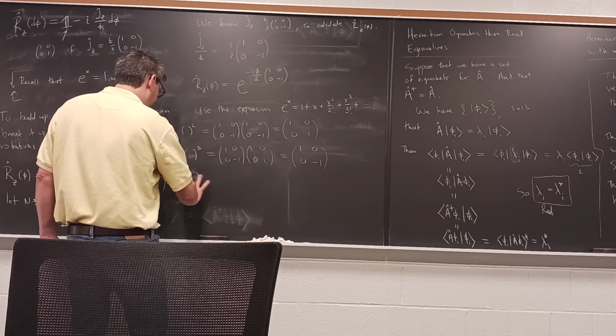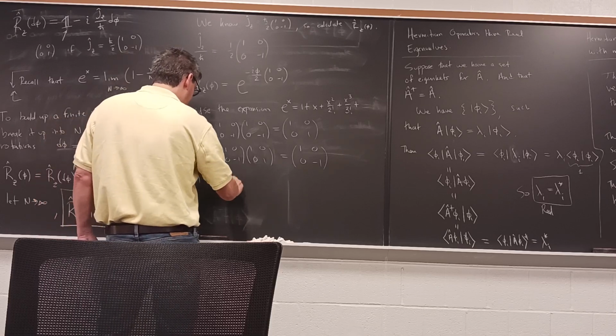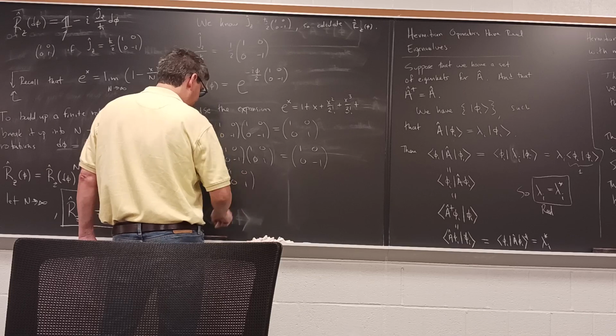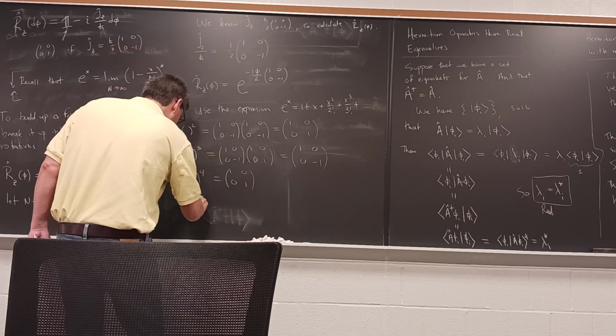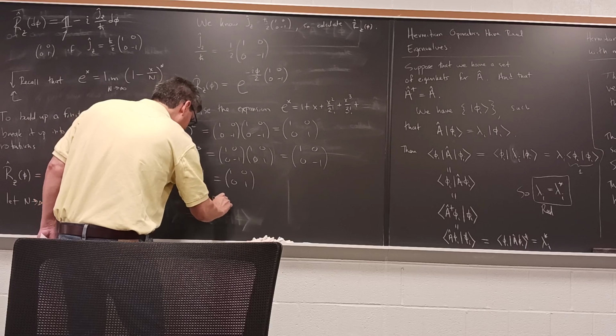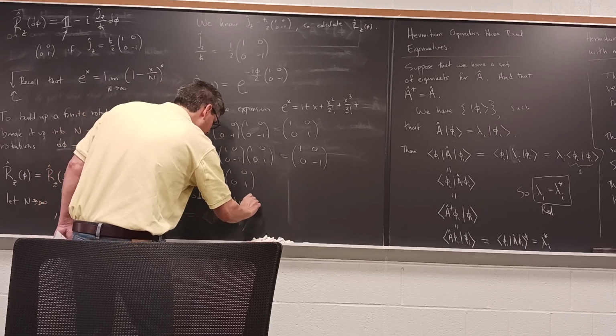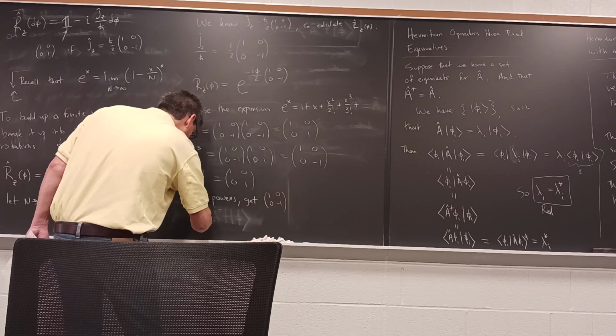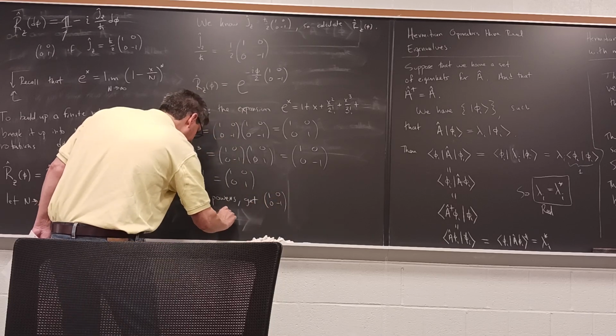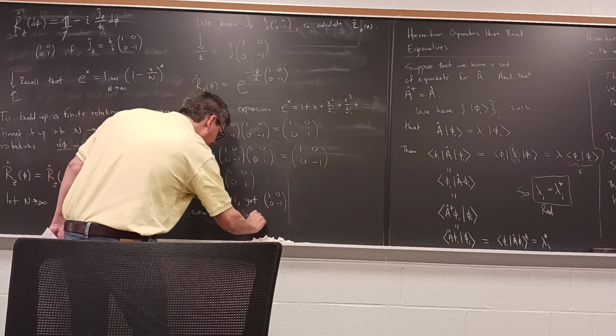If we take it to the fourth power, then we'll just get the identity matrix. So for odd powers, we just get the matrix back, and for even powers, we get the identity.